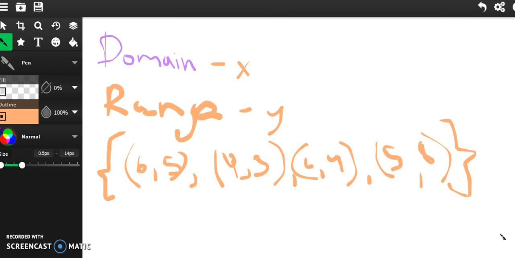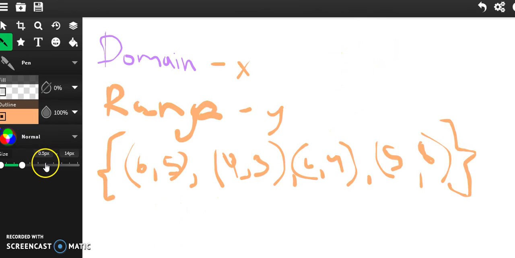Now, the real question is, is a relation a function? We know a function is just when each value in the domain is paired with exactly one value in the range. So, really what we have to do is set up a mapping diagram.